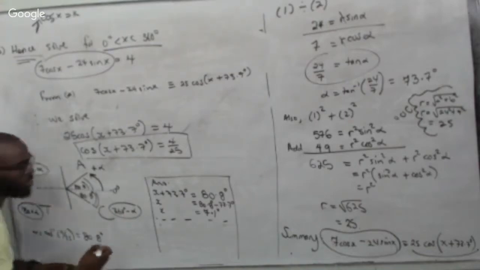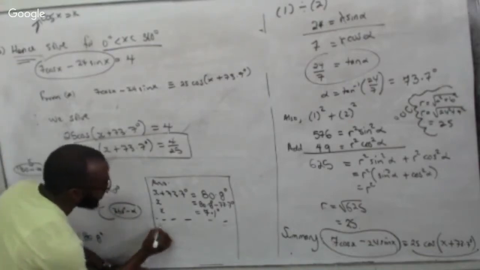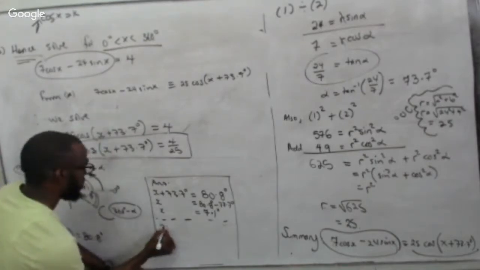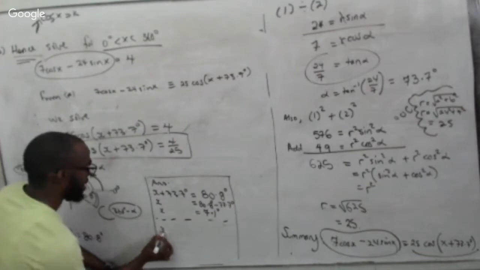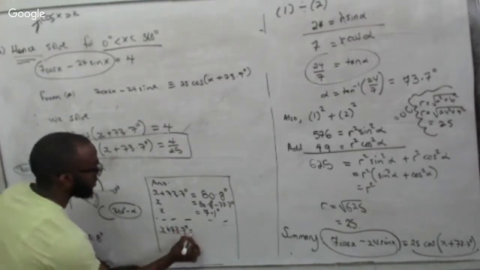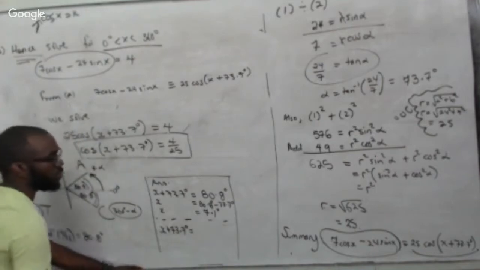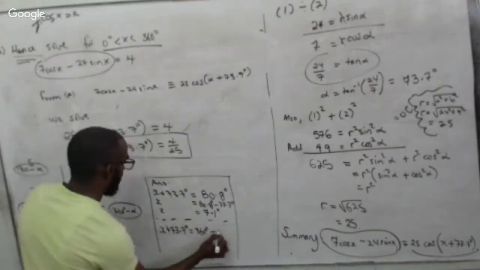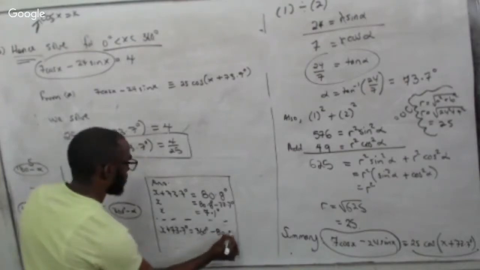So again, the answer is x plus 73.7 degrees equal to 360 degrees minus alpha, which is 80.8 degrees.